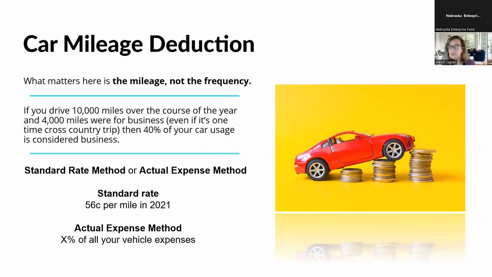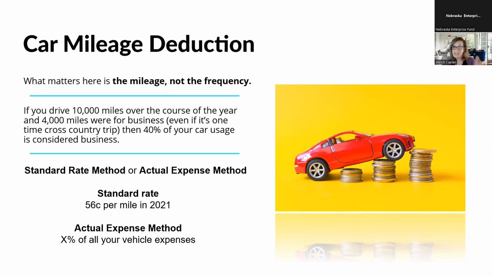And your car mileage. I will preface this by saying you have to choose one or the other: your standard rate method or your actual expense method. Talk to your accountant about this, because he or she will let you know which works best for you.